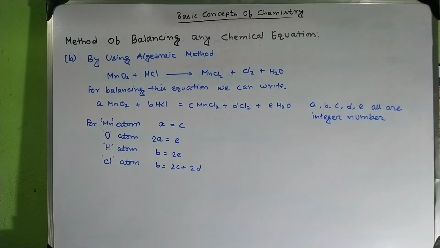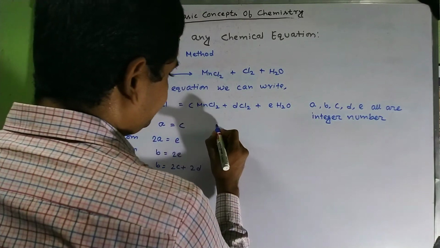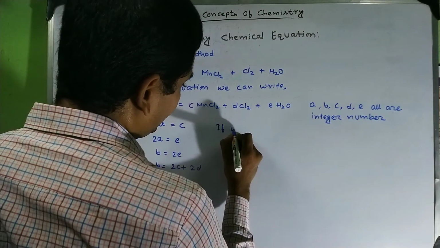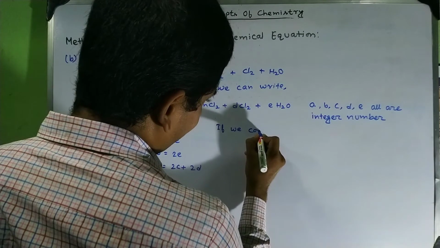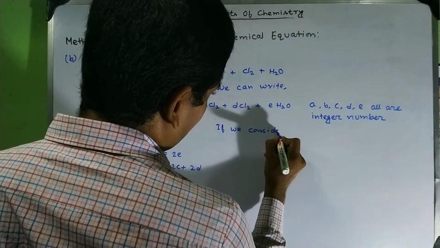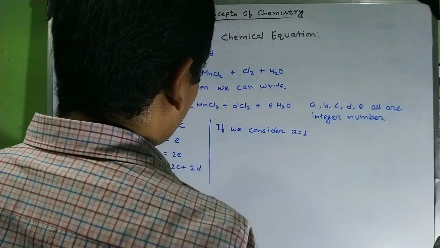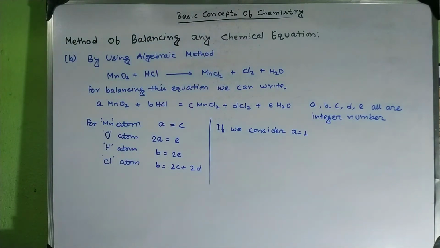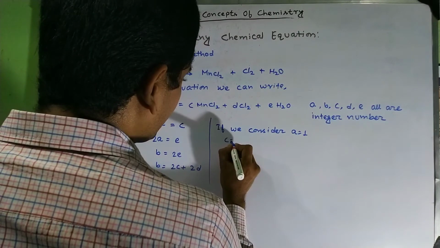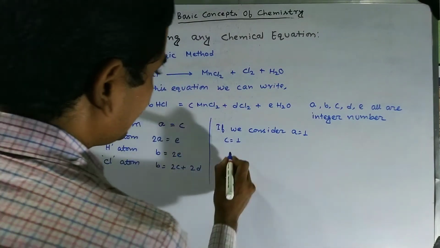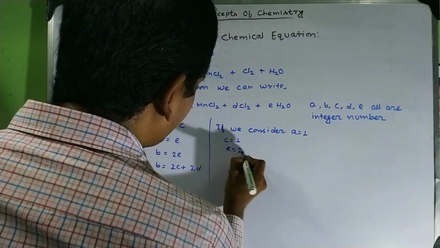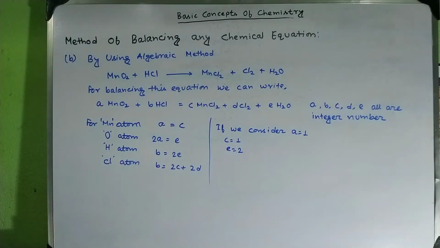If we consider A equal to 1, then I can write C is equal to also 1 and E is equal to 2. Look, E is equal to 2. Why?